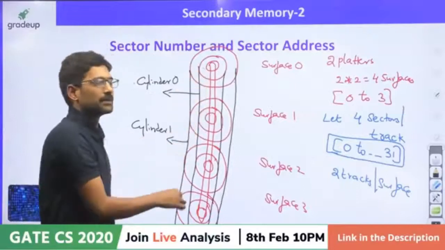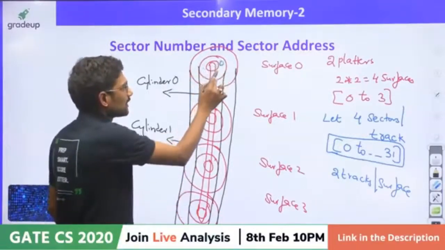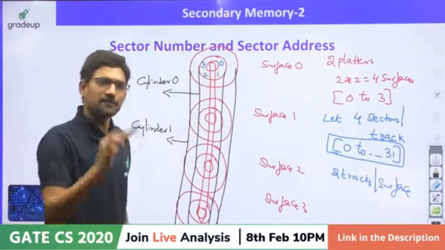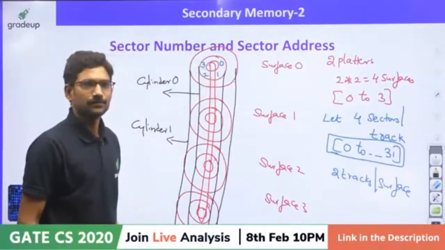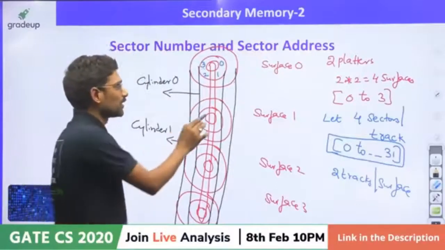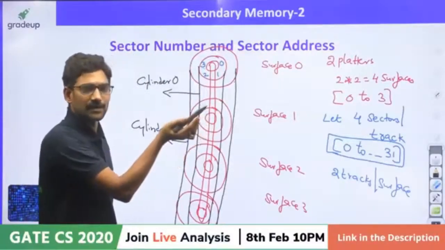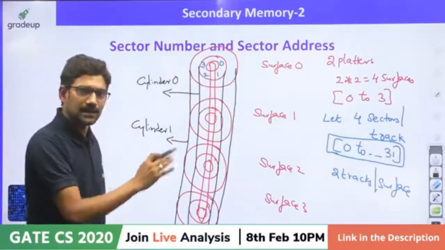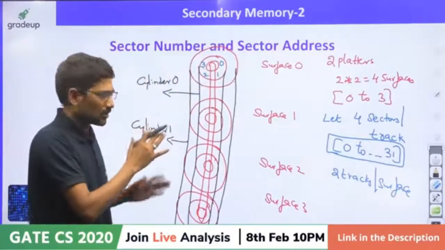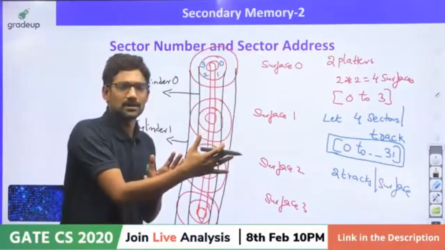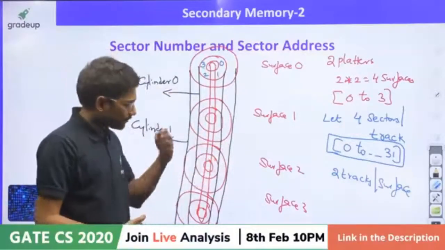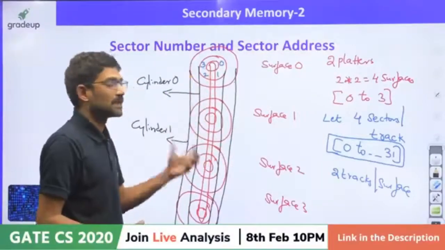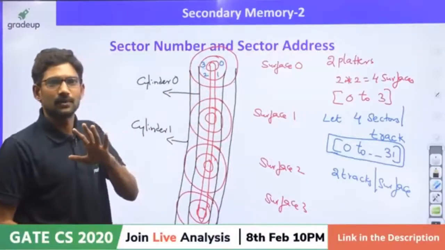So how will they be numbered? The first 4 sectors are on the first track of the first surface. And the next 4 would be on the next surface, not on the same surface. This is what I said yesterday. I am repeating it because for attempting and understanding GATE questions, this numbering is very important.